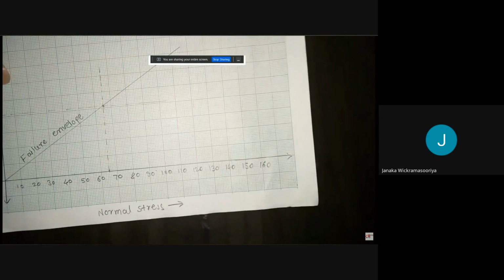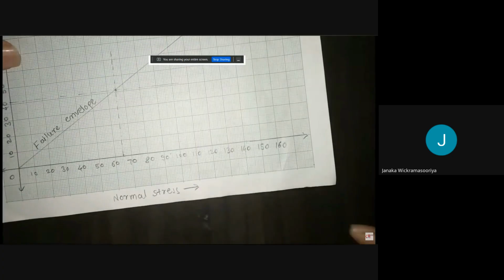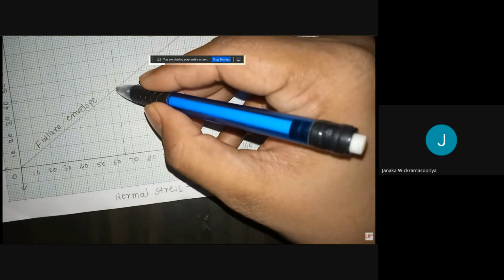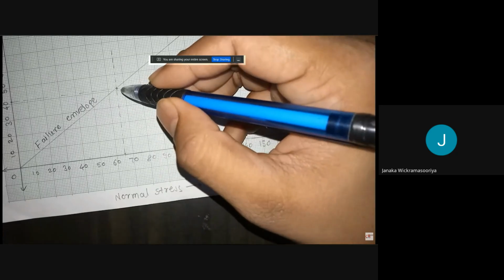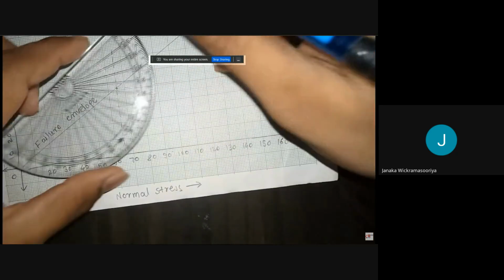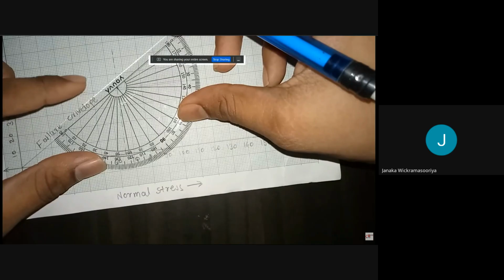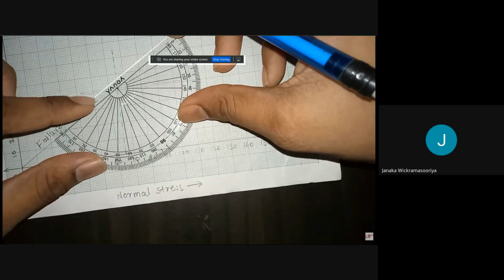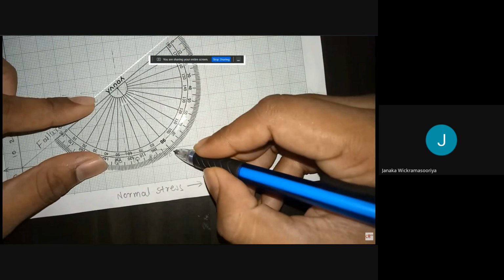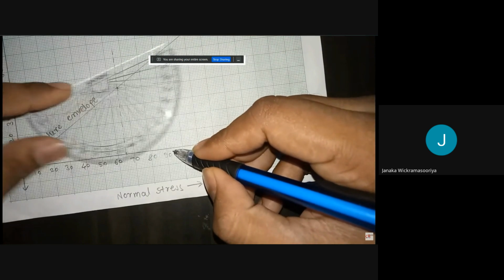So that is the failure envelope. Now with reference to this failure envelope point and this line, draw 90 degrees with reference to the failure envelope. So here is the 90 degrees.